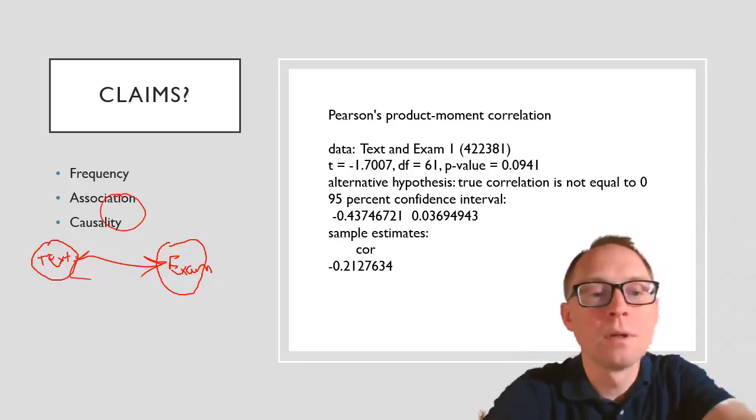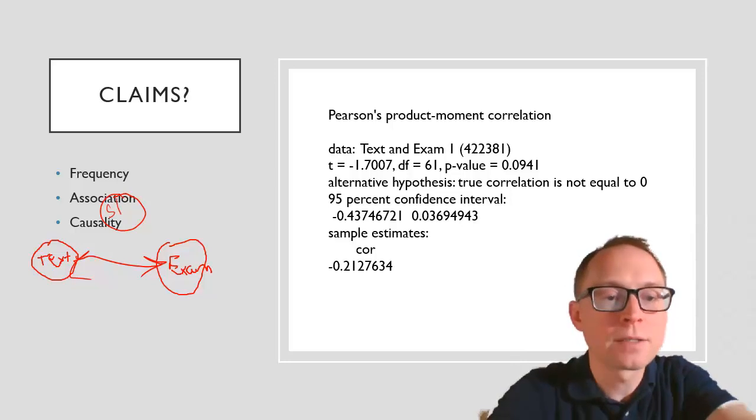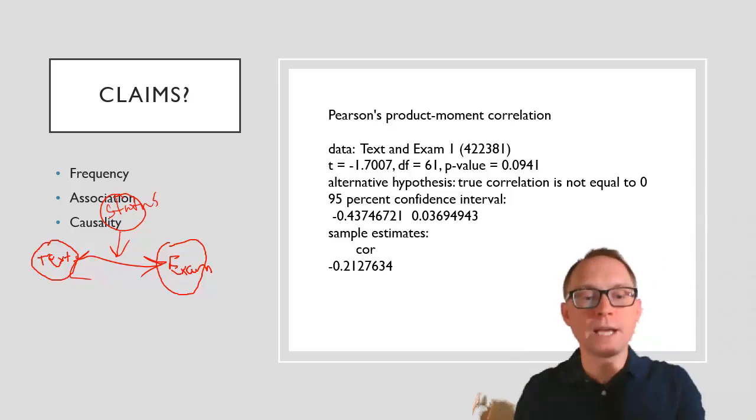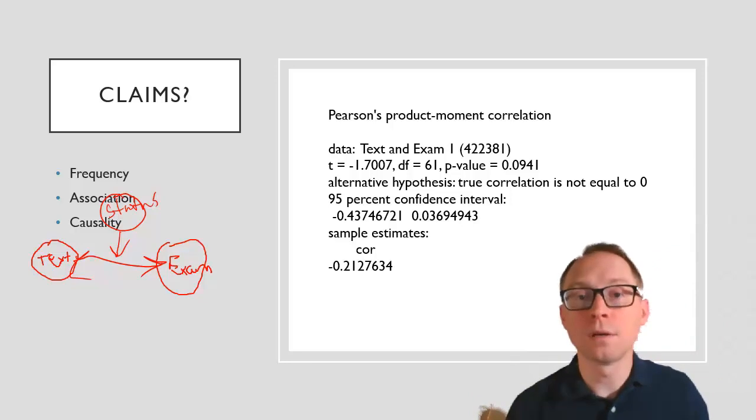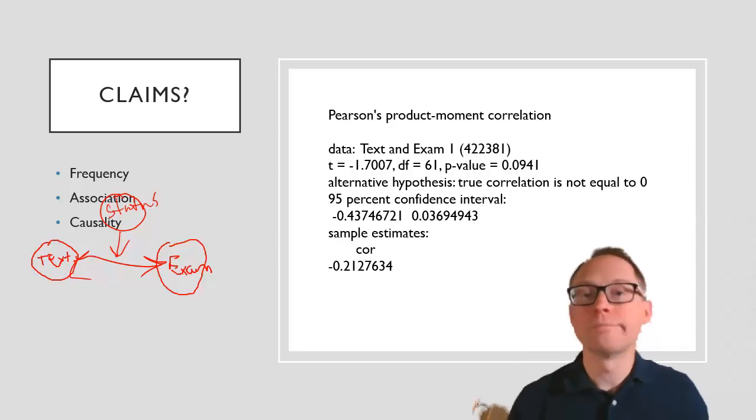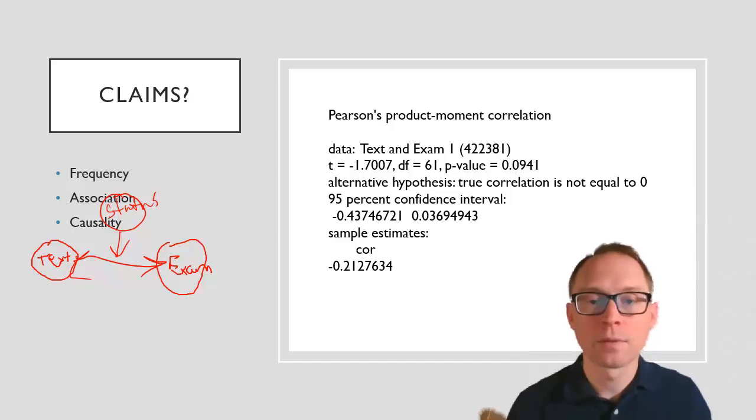That other variable is your relationship status. And you think that texts lead to lower exam scores, but only if you are single. If you are in a relationship, then more texting leads to more social support, and so you're more likely to do better on your exam.